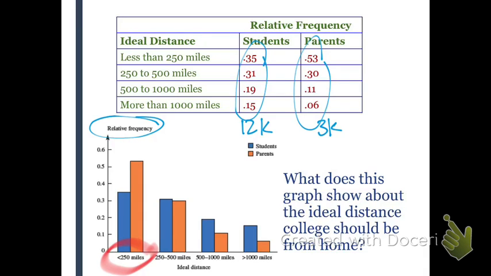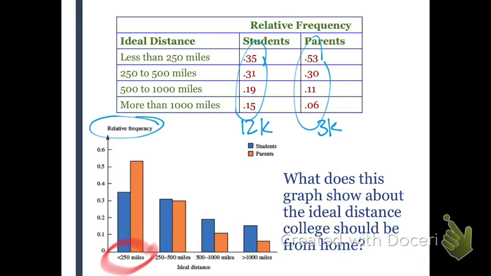So just looking at the numbers themselves, it's going to look like there are more students than parents in every category. Okay, so just saying more parents prefer is okay? You could say a higher proportion of parents, higher relative frequency. Just indicate that you're talking about the percentage versus the number itself.